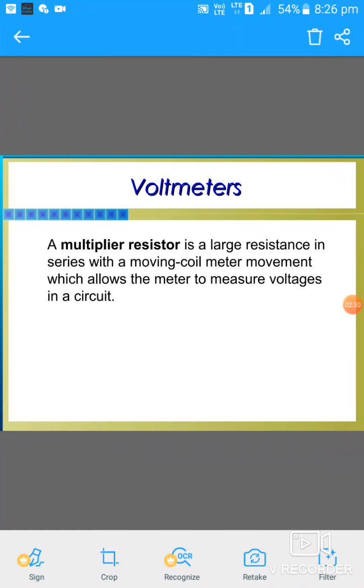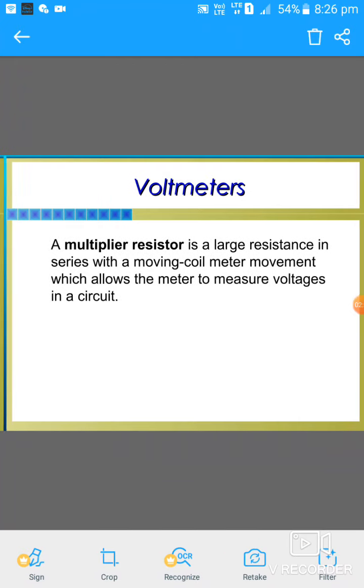Then in a voltmeter, the multiplier resistance is a large resistance in series with a moving coil meter movement, which allows the meter to measure the voltage in a circuit. In a voltmeter circuit there are multiple resistances connected. With the help of these multiple resistances we can build the voltmeter.